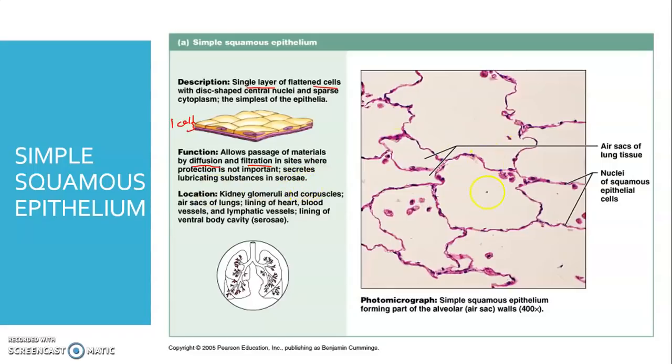Look at the microscopic image here. You can see, okay, all this line here, the purple color, this is the simple squamous epithelium. The dark blue-black color here is the nuclei, all the nuclei here. So for the location, it can be found in the kidney glomeruli and also the corpuscle, of course for filtration.